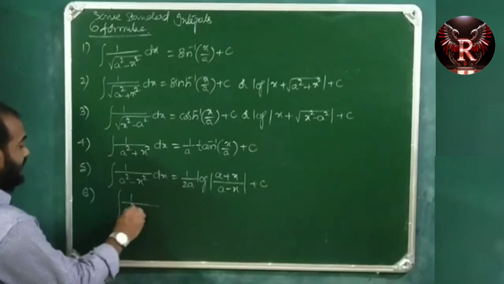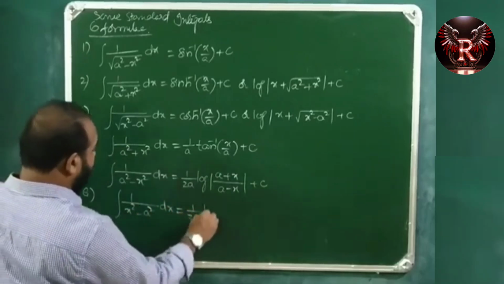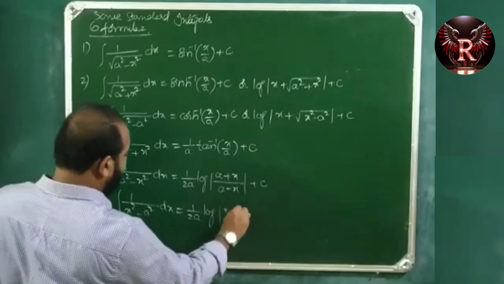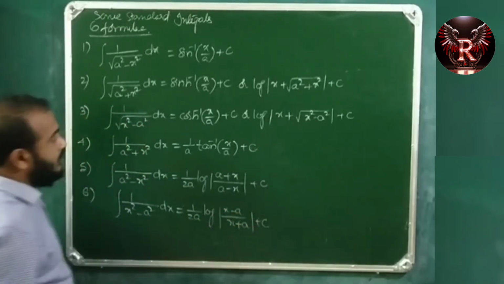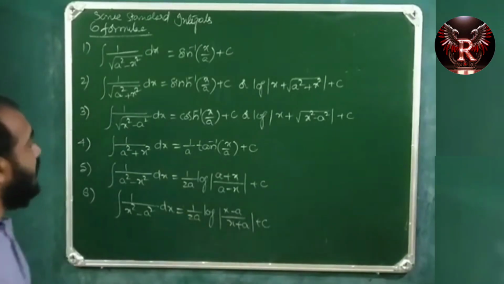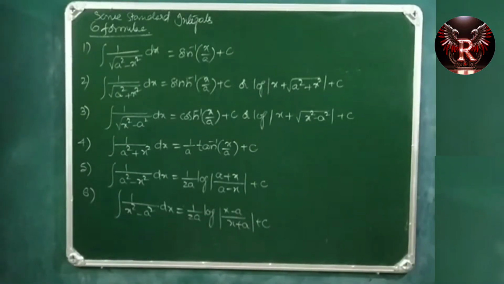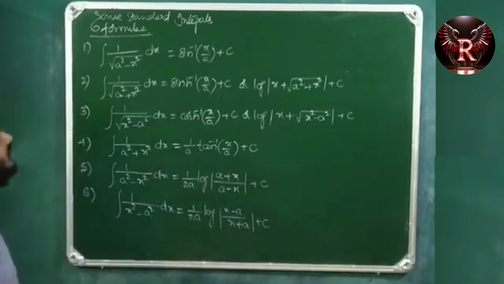Integral 1 by x square minus a square dx is equal to 1 by 2a log mod x minus a by x plus a plus c. So these are the 6 formulae.